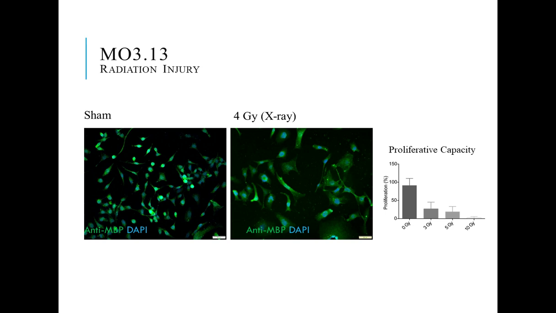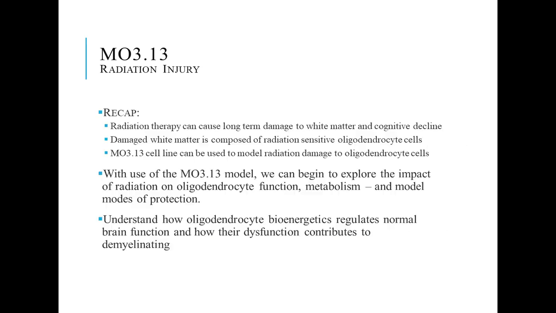So to recap, we've talked about radiation therapy and how it can cause long-term damage to white matter and cognitive decline. We looked at how damaged white matter is composed of radiation-sensitive oligodendrocyte cells, and how the MO313 cell line can be used to model the radiation damage to oligodendrocyte cells.